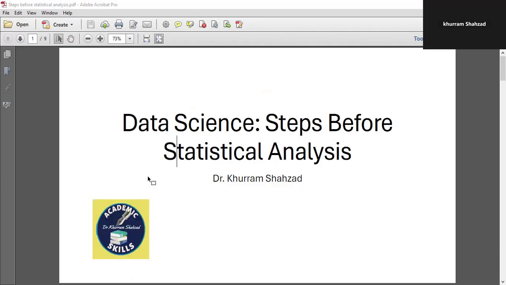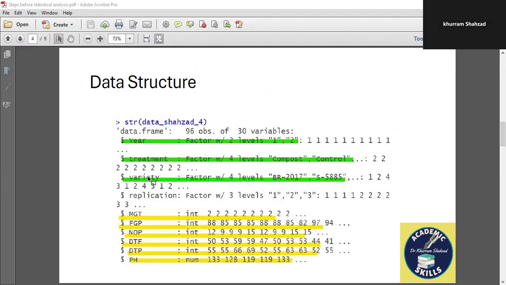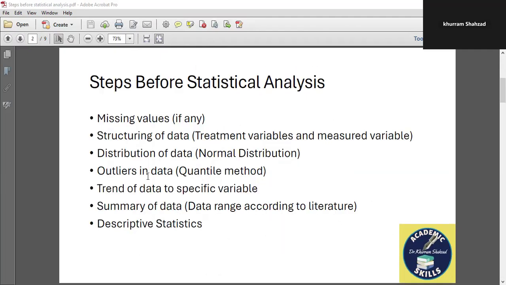So we repeat again: before doing any analysis, you must check for missing values in your data, see the structure of the data, which are treatment variables and measured variables, then see the data distribution, check for outliers, and trend different variables against the target variable. A summary of data also tells you whether your data is within the range of the literature or not.